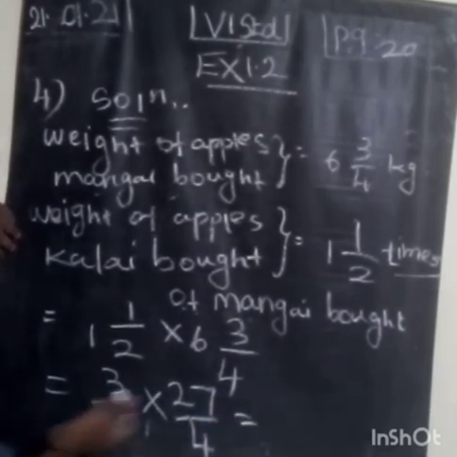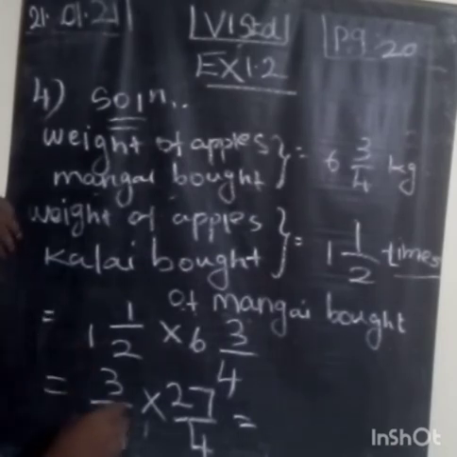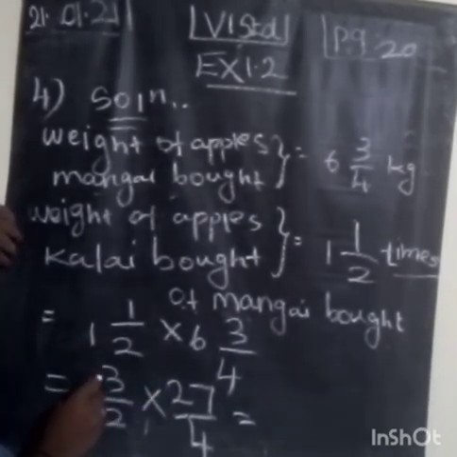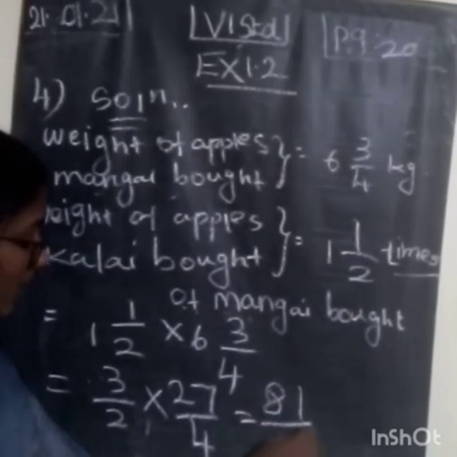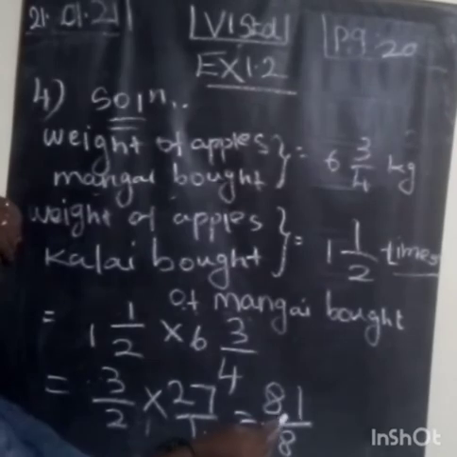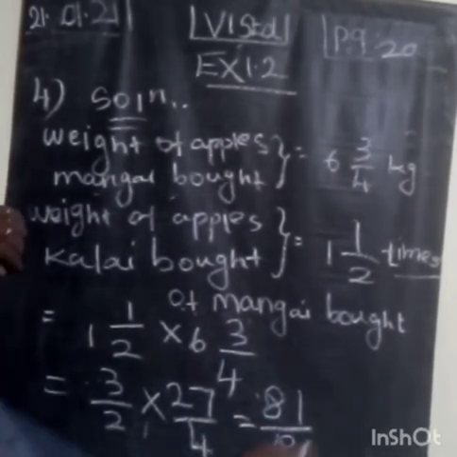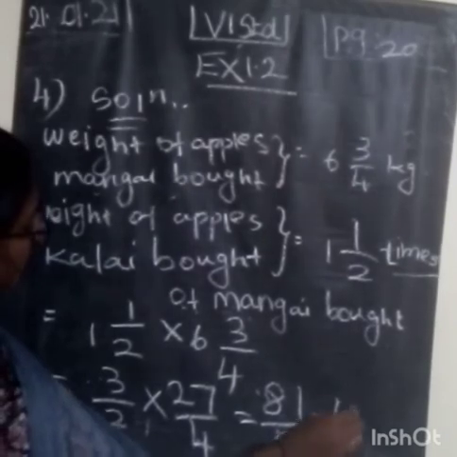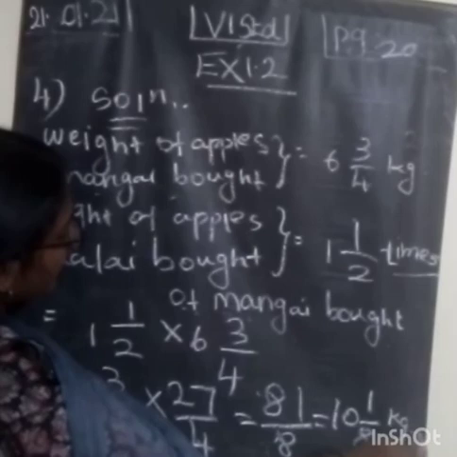Multiplying the numerators and the denominators, we get 27 3s are 81, and 4 2s are 8. Dividing these values, 81 by 8, we get 10 into 1 by 8 kg.